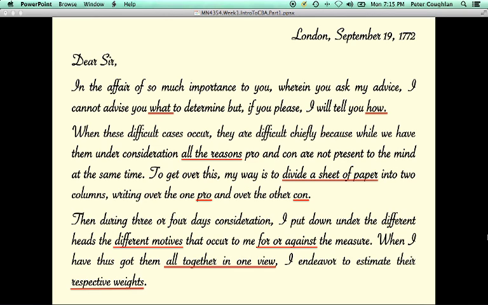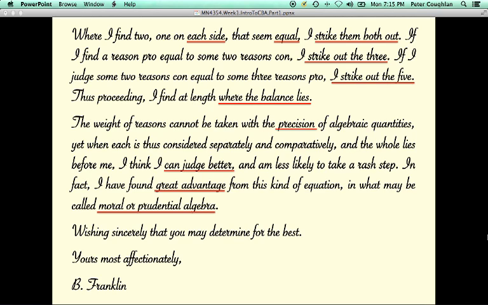When I have thus got them all together in one view, I endeavor to estimate their respective weights. Where I find two, one on each side, that seem equal, I strike them both out. If I find a reason pro equal to some 2 reasons con, I strike out the 3. If I judge some 2 reasons con equal to some 3 reasons pro, I strike out the 5.